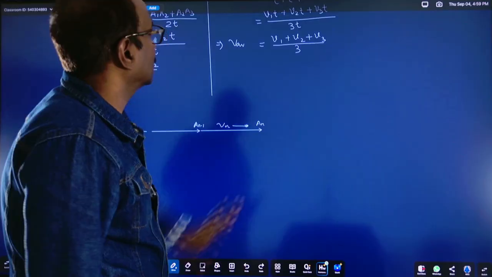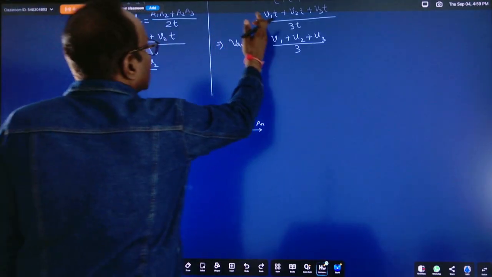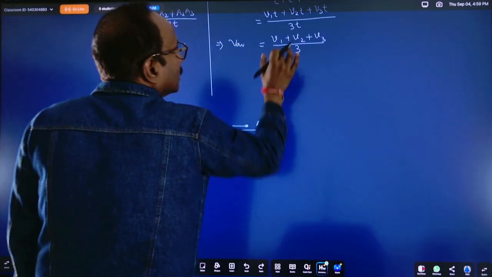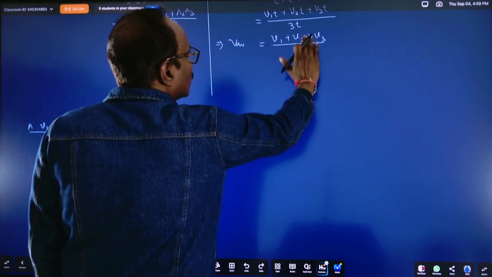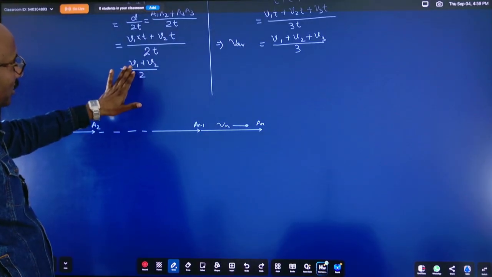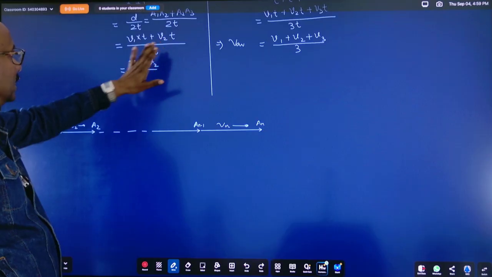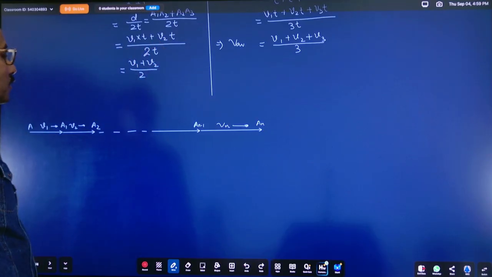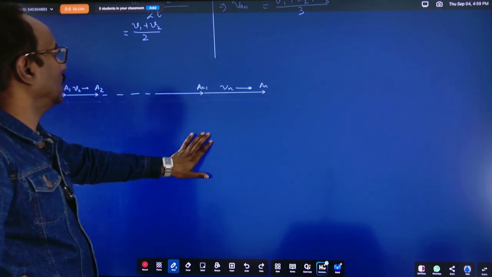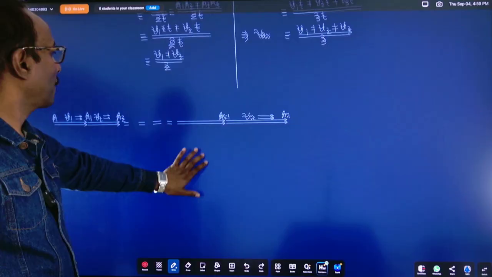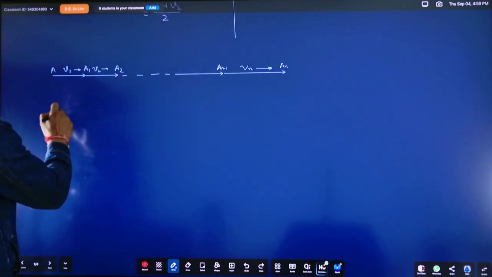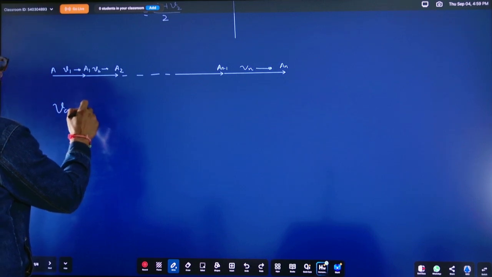Compare with this, here three velocities were involved for equal interval of time traveling. So it was v1 plus v2 plus v3 by 3. Here two velocities were involved for equal interval of time traveling. So v1 plus v2 by 2. So if n velocities are involved, what will be the average velocity? How will you write?